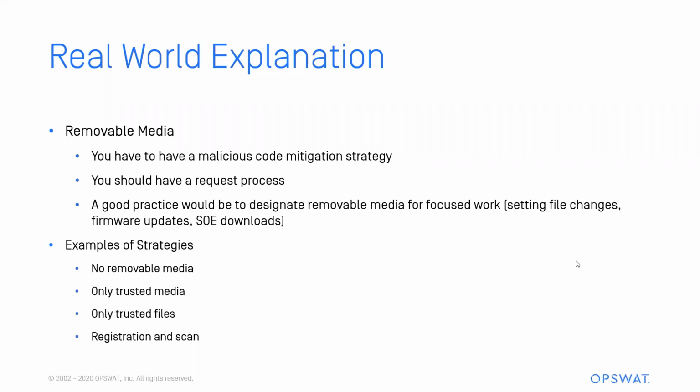Again, some examples of strategies that we've seen out there. Again, a policy-driven statement saying no removable media, just none in the environment. Only trusted media, so media that have basically been authorized and scanned and then designated for that work. Only trusted files. Frank's going to talk a little bit about that, but basically files that have been scanned and are acceptable can then be downloaded into your environment.